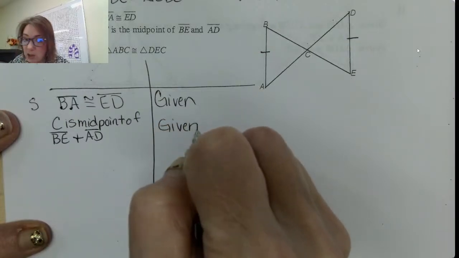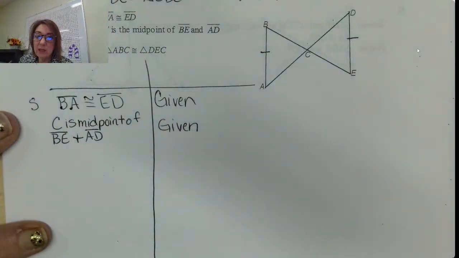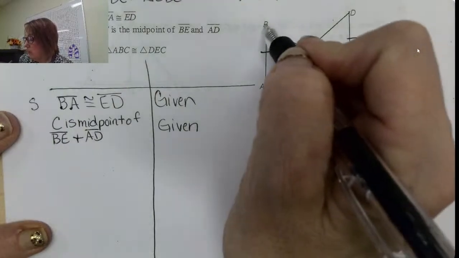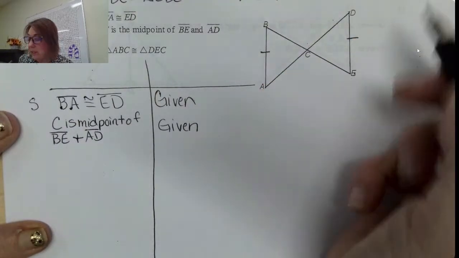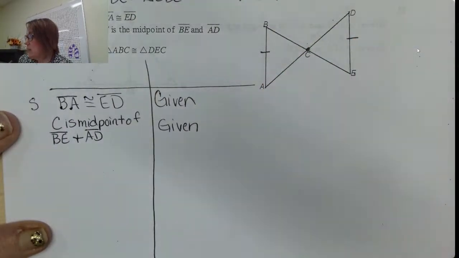Okay, so let's talk about what that means to us. So C is the midpoint of BE, and midpoint means that it's right smack dab in the middle. What does that create? Two equal segments. Which two segments are equal?